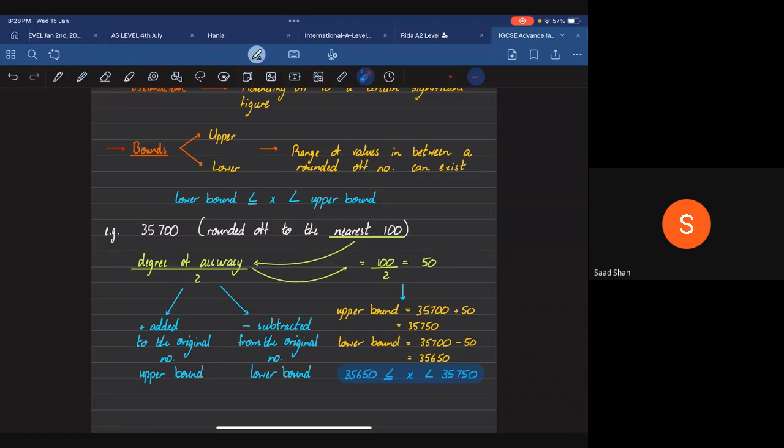And also this can come that in one question, you may have to use upper bound and lower bound for the same value in the same question. Is this clear? So that can happen as well.